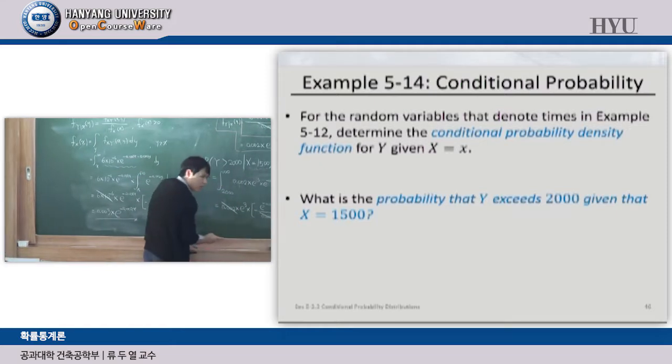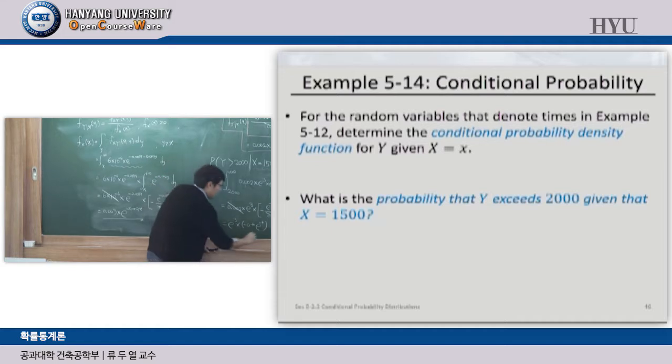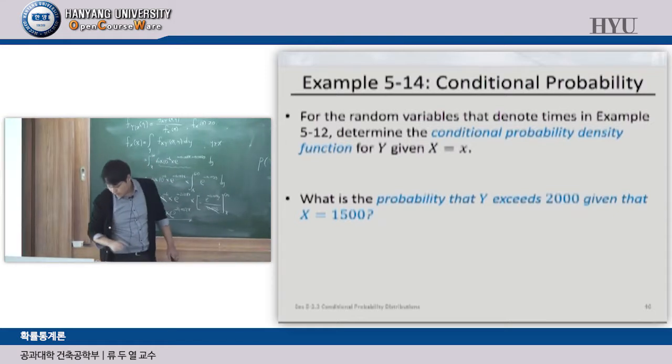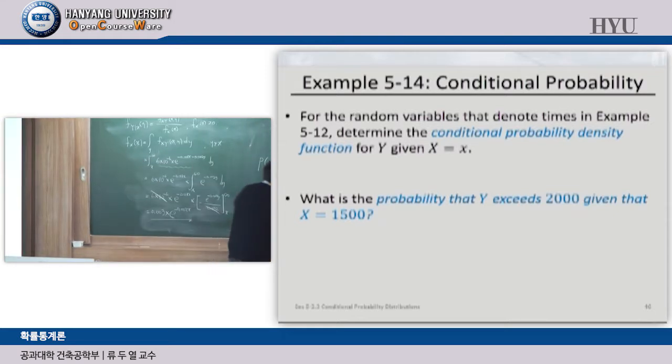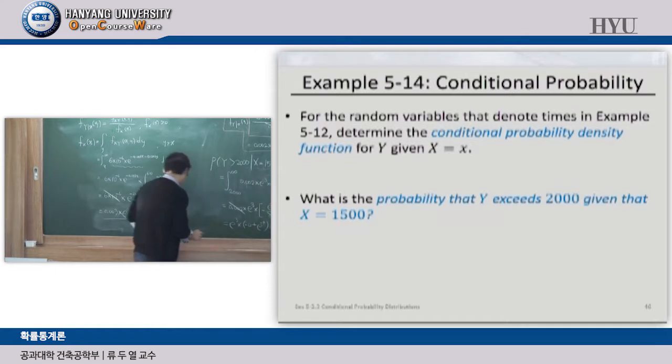And what is exponential minus infinity? That's 0. So exponential 3 times minus 0 plus exponential minus 4. So the final answer is equal to exponential minus 1, that is 0.368. Okay? So this is the answer for the question.